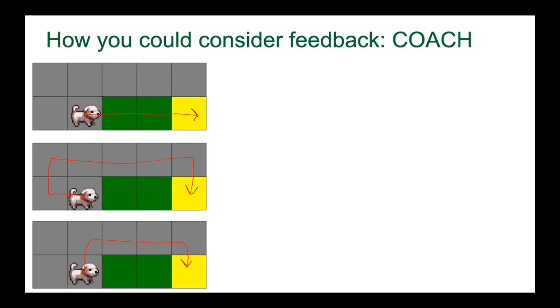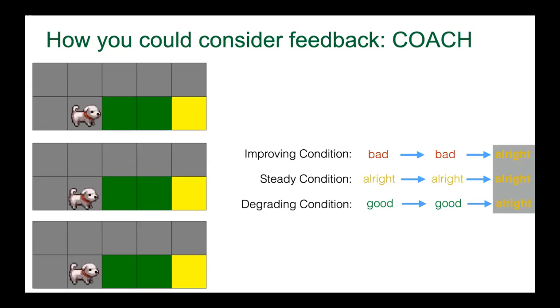And then what we did is we had people in each of these three conditions witness bad, bad, and all right. Second condition, all right, all right, all right. Third condition, good, good, all right. So in the first case, the dog is bad and then gets better. Second case is continuous, or the same. Third case is the dog's doing well and then doesn't do quite as well.